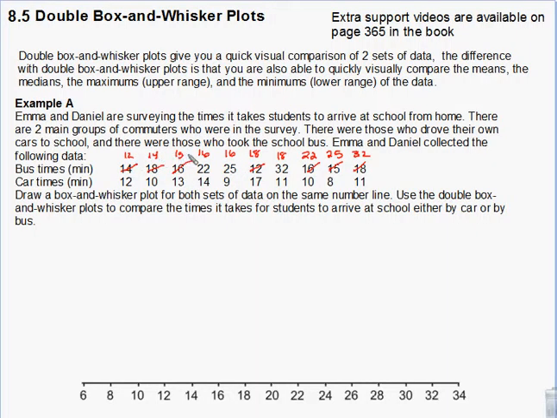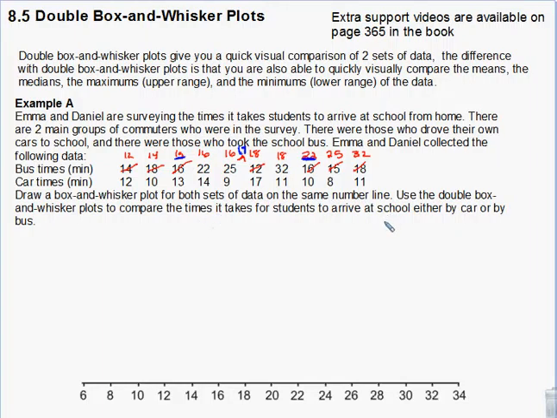So I've got 1, 2, 3, 4, 5, 6, 7, 8, 9, 10. So my median is going to be between 16 and 18. So my median is 17. And then Q1 and Q3.